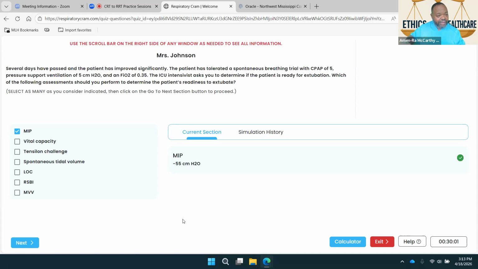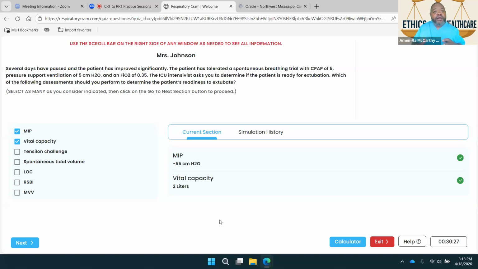All right, good job. What about a vital capacity? Yes. Let's get a vital capacity. I'm trying to find my number. All right. Vital capacity is 2 liters. Remember, the indication to put somebody on a vent is a vital capacity less than 2 times their tidal volume, right?